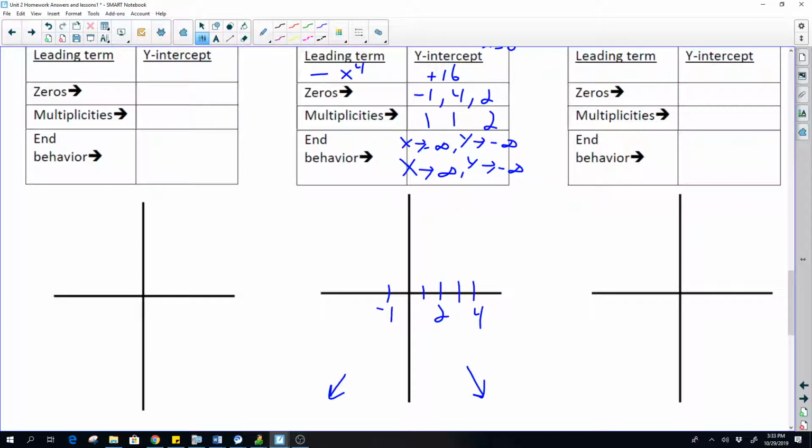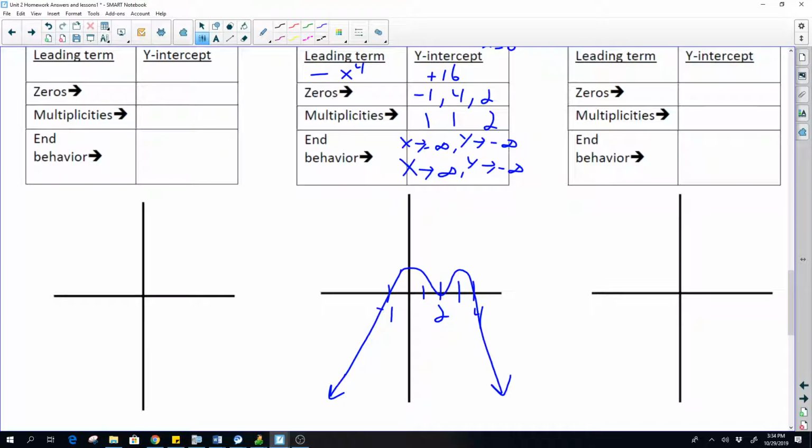So multiplicities: we're going to cross through at negative 1. Then at 2, we're going to bounce because that's multiplicity of 2. And then at 4, we're going to go straight through. There we go. So that's how we graph that one.